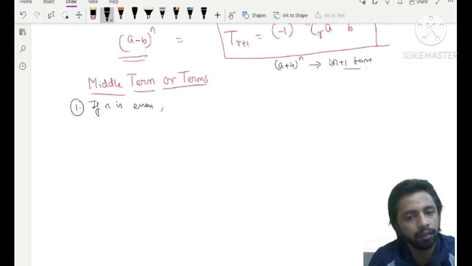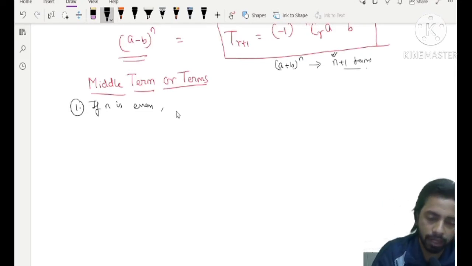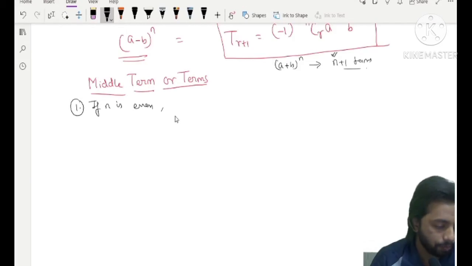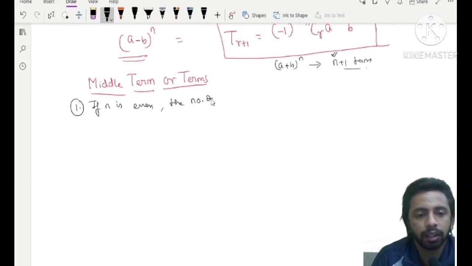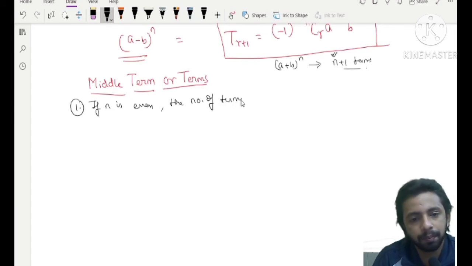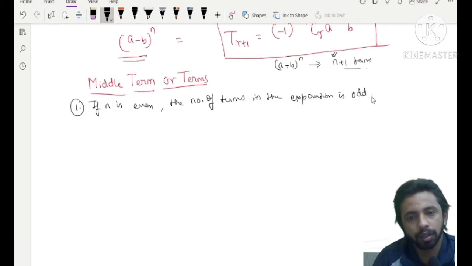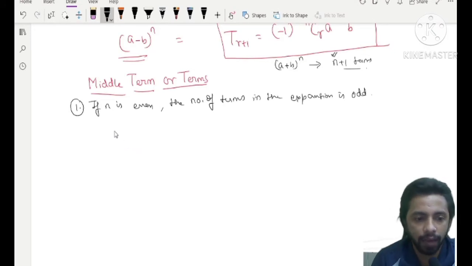So if the value of n is even, that means in the total expansion there are odd number of terms. Yes, so if n is even, the number of terms in the expansion is odd. In that case we have only one middle term.